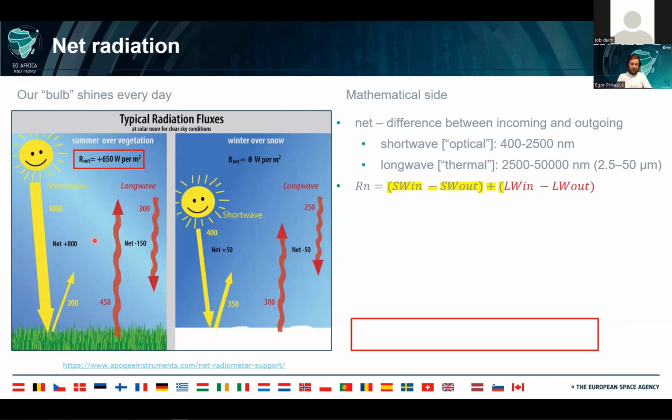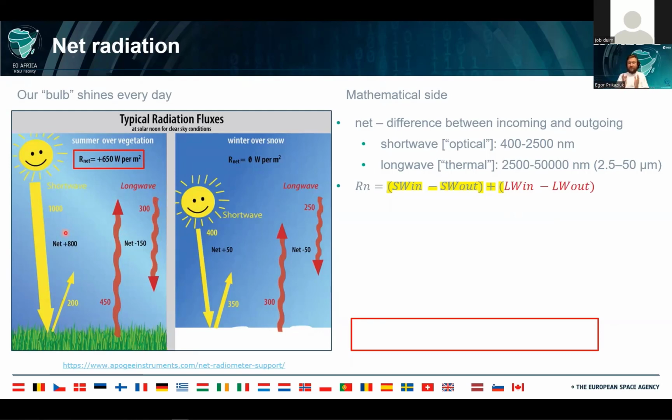The energy that is emitted by Earth, because it's warm, bounces back from the clouds. Also, clouds have some temperature. They also emit some energy. So those two parts are called shortwave radiation, the solar energy, and long-wave radiation, the Earth energy.